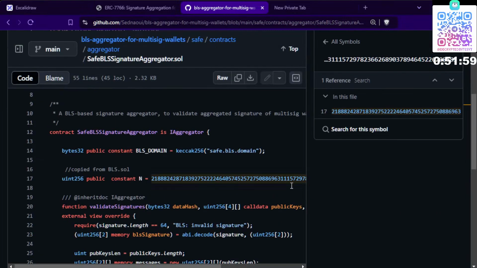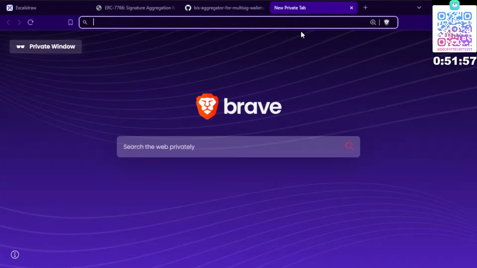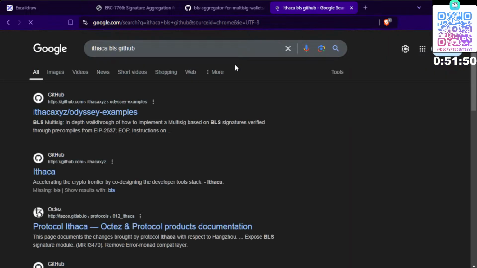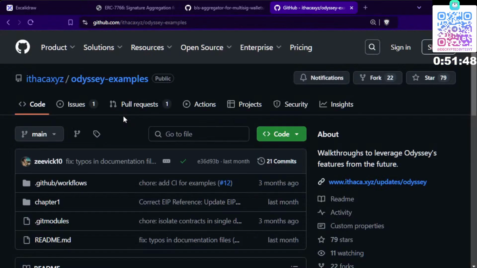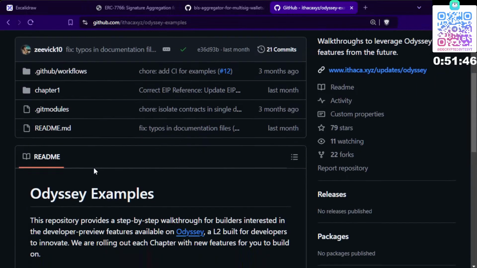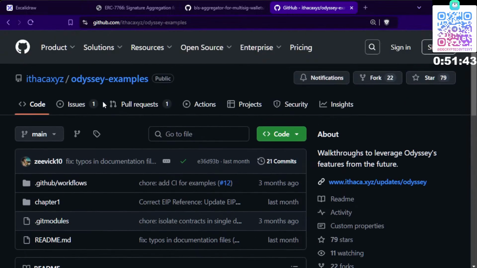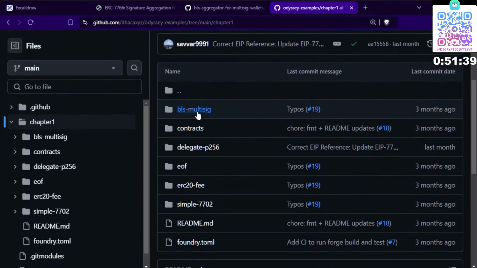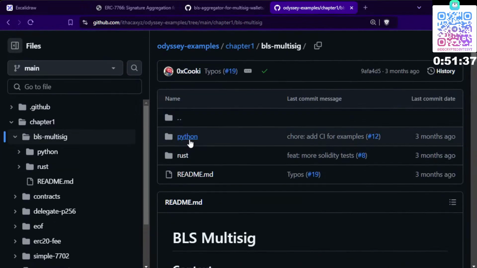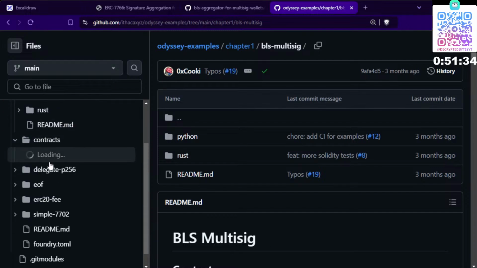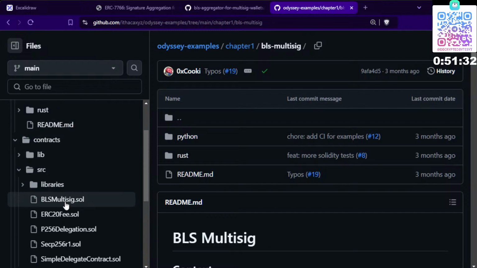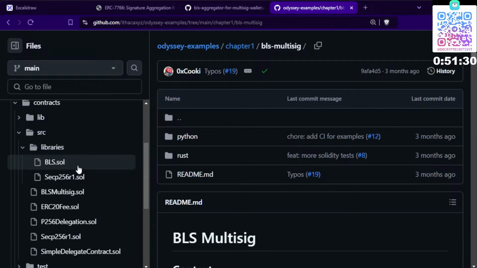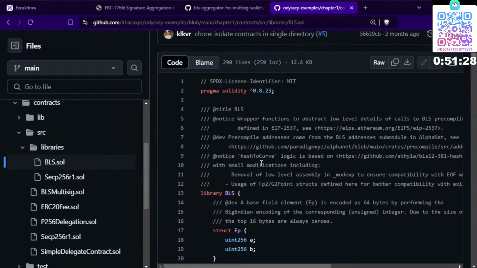Then this is some constant. Ithaka BLS GitHub, Odyssey examples. This is the one. BLS multisig. Oh no, in the contracts we have the libraries which is BLS.